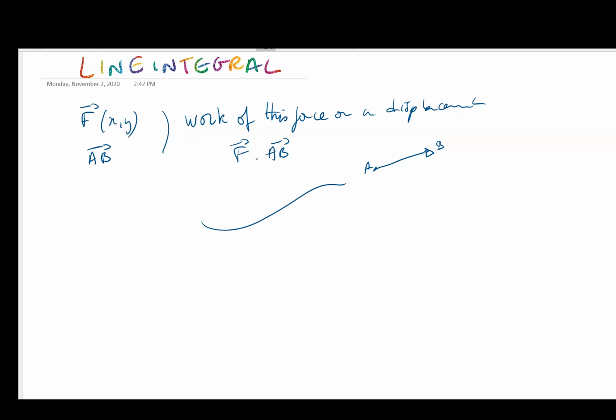The first idea is that we are going to approximate the work on this curve by approximating this curve by broken lines. So we would take some points, let's say A0, A1, A2, etc.